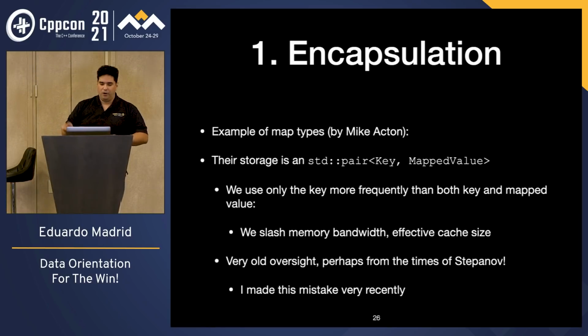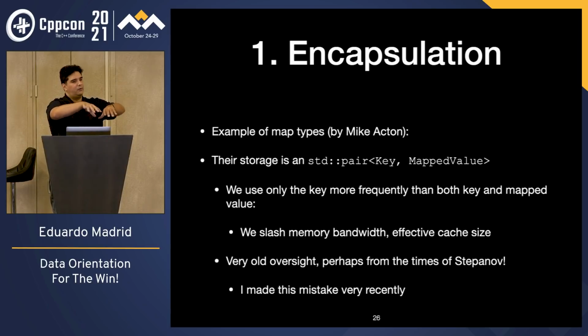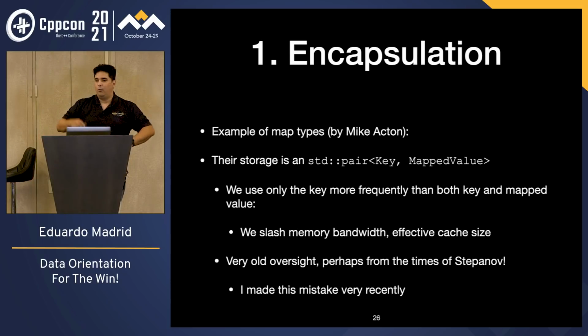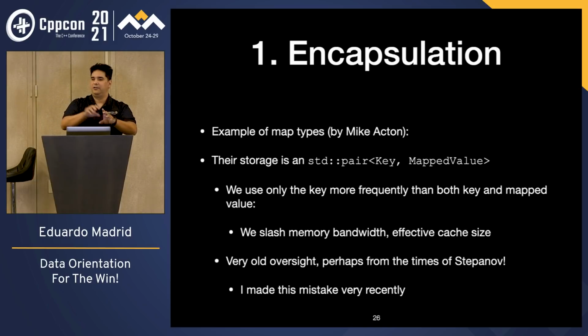to bring the point home, I'm just going to go with an example from my Acton 2, which is every time that we implement maps, the storage for that map is going to be a standard pair of the key and the value, right? However, ask yourselves, what is more often? To use both the key and the value, or to use the key far more often than the key and the value?